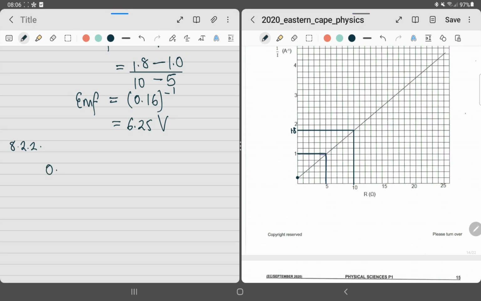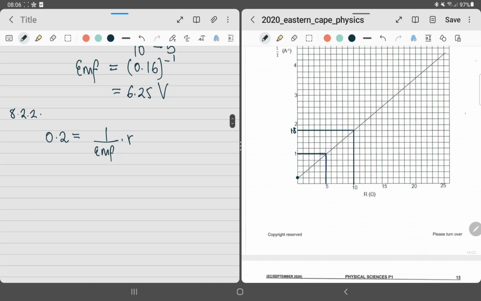So 0.2 should be equal to 1 over the EMF multiplied by the internal resistance. 0.2 should be equal to 1 over 6.25 multiplied by the internal resistance. So I'm getting 1.25 ohms.